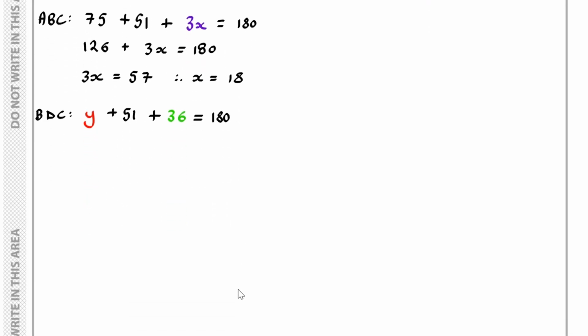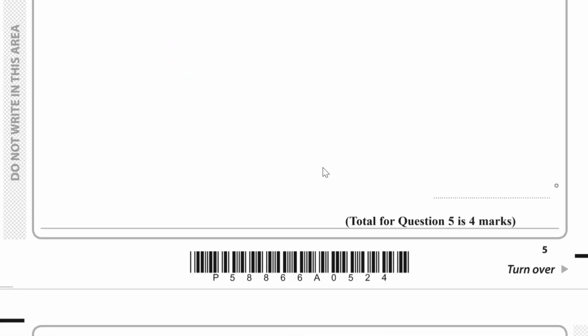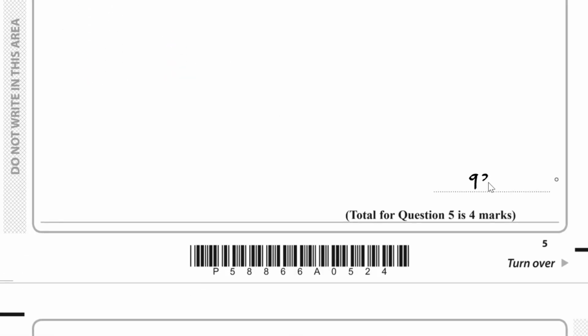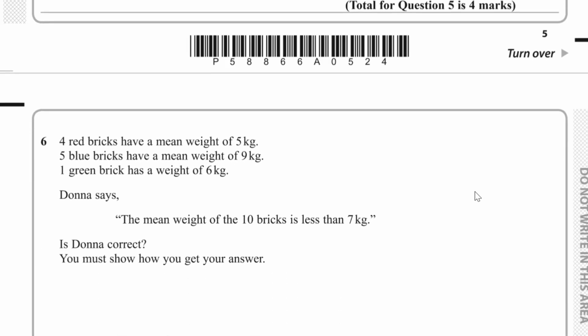Again, angles in a triangle add up to 180. So here we have y plus 87 equals 180, and if I subtract 87 from both sides, y is equal to 93. So the angle we require is 93 degrees.